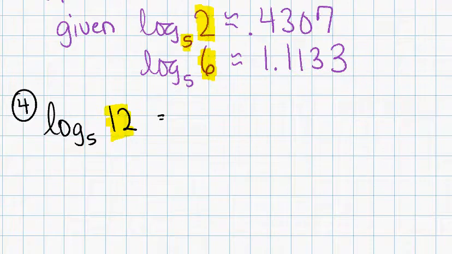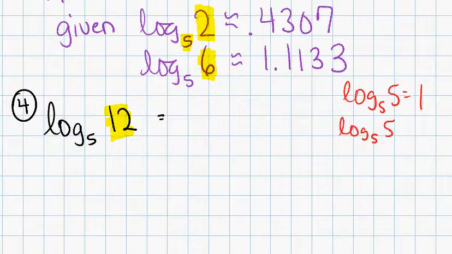Because not only do we know these two givens, we also know, because the base is 5, that log base 5 of 5 is 1. And we know that log base 5 of 5 squared is 2. Because you could rewrite these just like we did in the previous example. So log base 5 of 5 cubed is 3, etc.